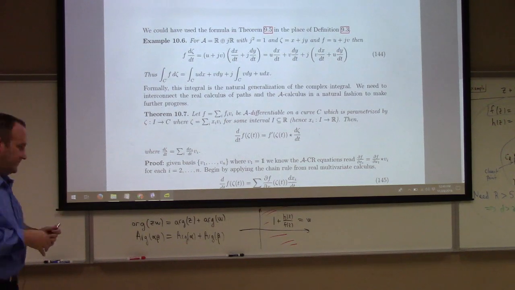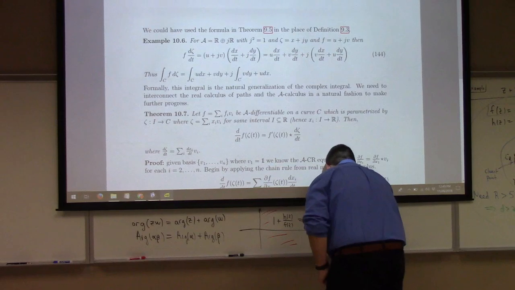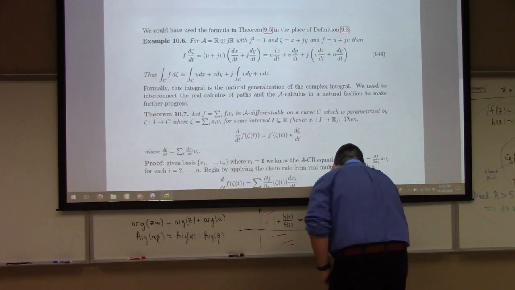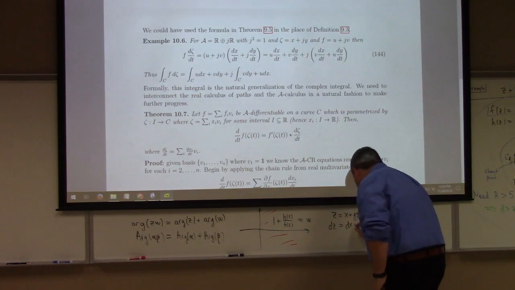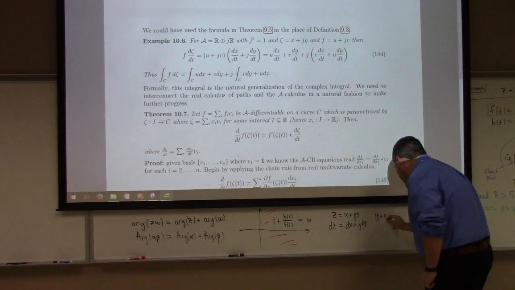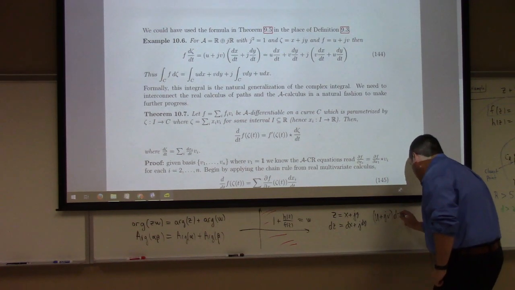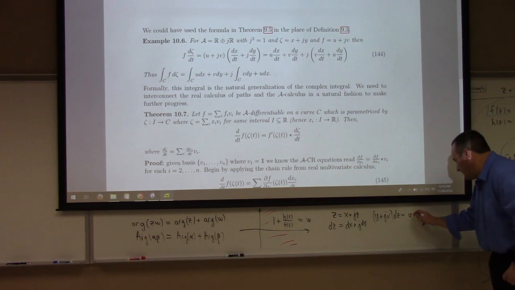So intuitively, all that's going on is we have z equal to x plus jy, and so dz is dx plus j dy. If you're integrating u plus jv dz, you just multiply it out using that j squared is 1.